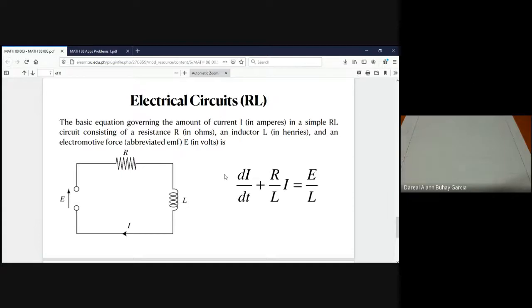So electrical circuits are important not only for EE and CpE. Even for all engineering students, each and every one of you should be familiar with the differential equations that describe electrical circuits. So we have two types of electrical circuits that can be modeled by first order.